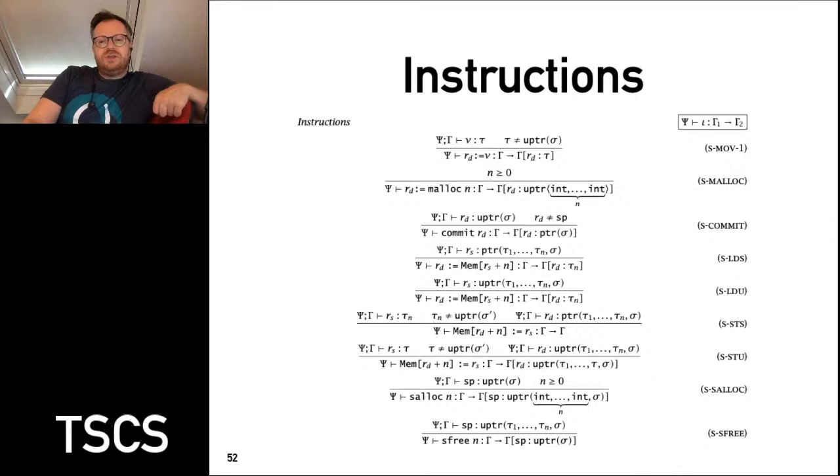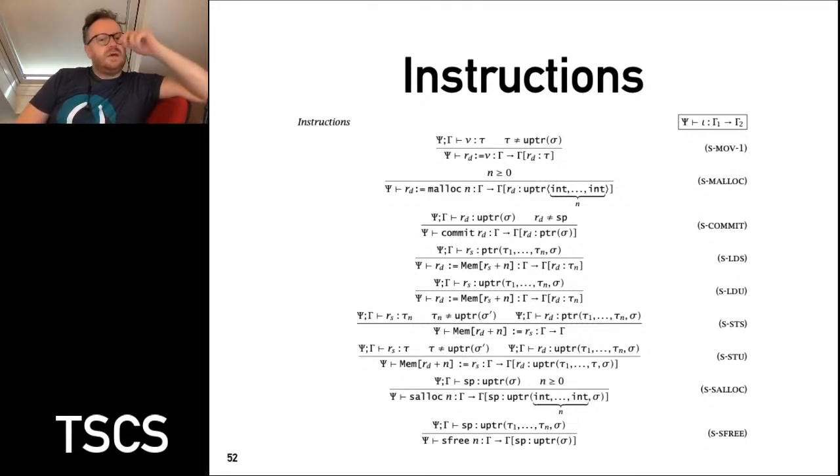Good. Instruction typing is also straightforward. Let's quickly go through this. What is one of the interesting ones? Let's maybe do the LDS rule for once. The new thing here is that you now have these two types, pointer and unique pointer, that we haven't introduced so far, but have seen in action a little bit.